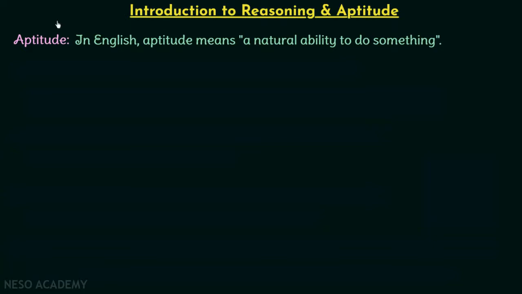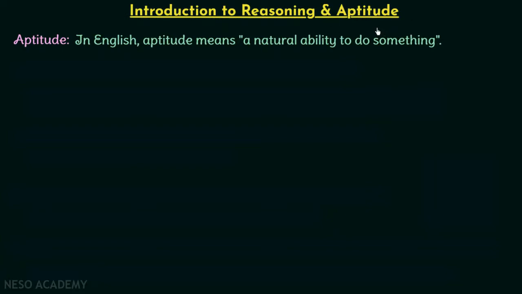For example, you have a problem statement in front of you, and to solve that problem statement, you will have some aptitude, that is, you will have some ability, and the process of evaluation using your natural ability is known as reasoning. So I hope you now understand what is reasoning and what is aptitude.